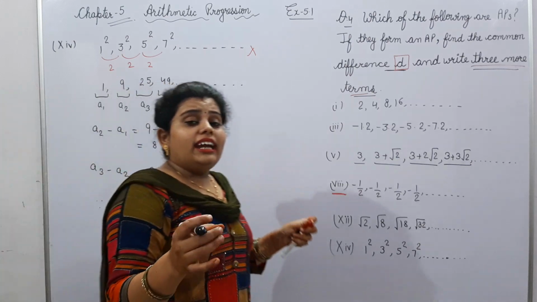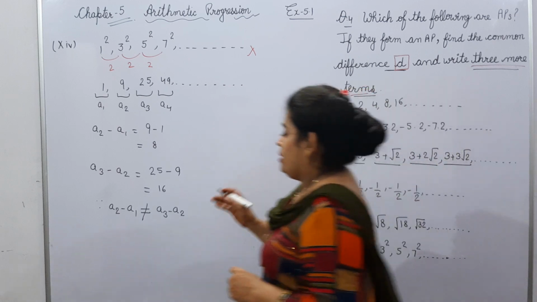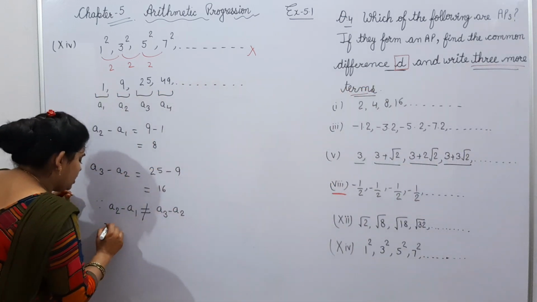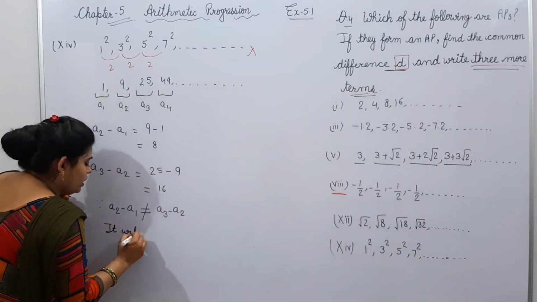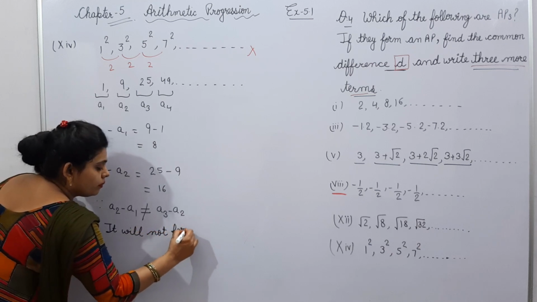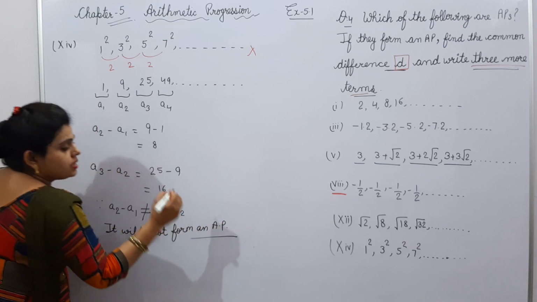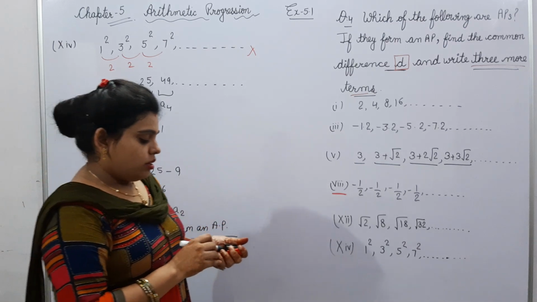Because we are not getting the same difference, so it will not form an AP. Means, what we will write? It will not form an AP. This is our 14th part of this question.